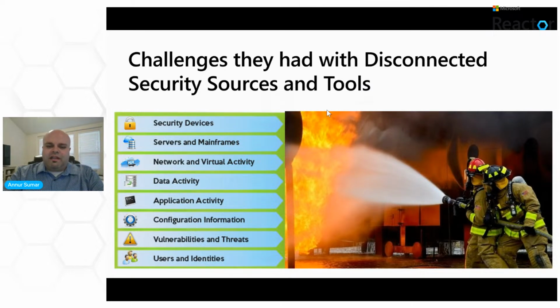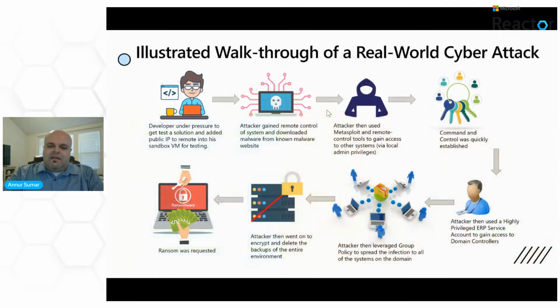Another huge challenge, getting back to the attack chain, was that the ERP service account was flagged as a system with anomalous behavior, but they put it inside their tool set as a medium risk, because that ERP service account was continuously used across the board for several different functions and cross-system communication.